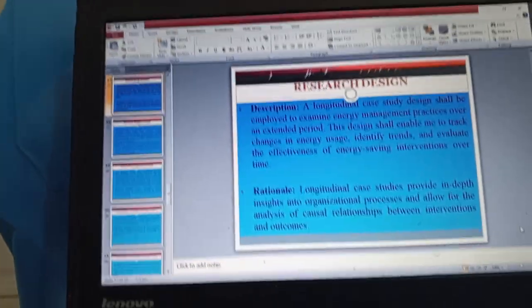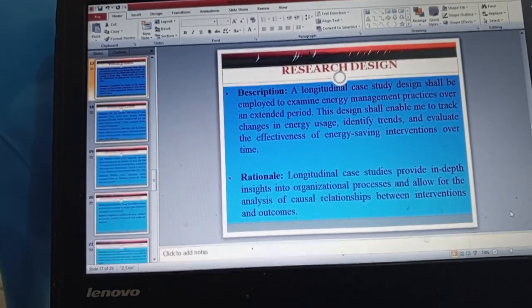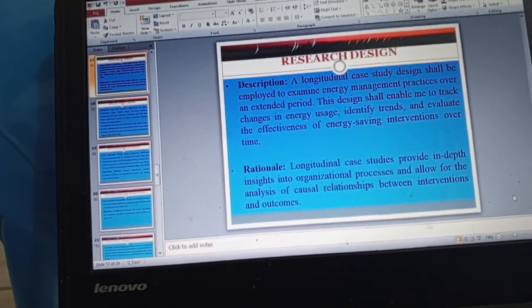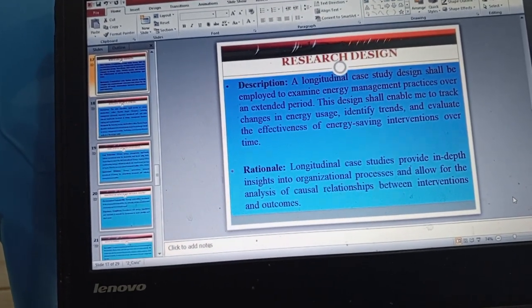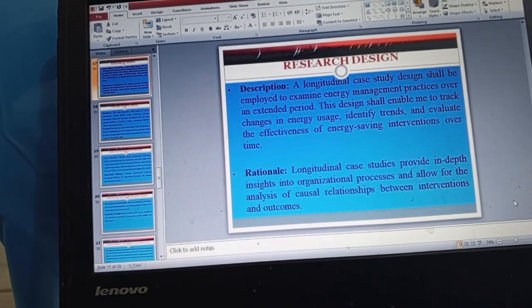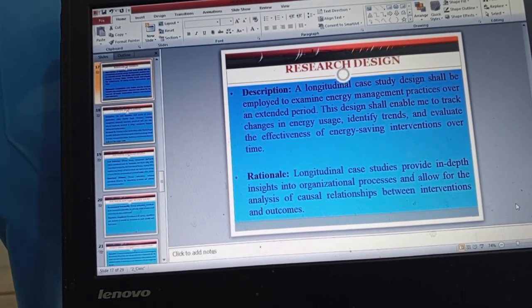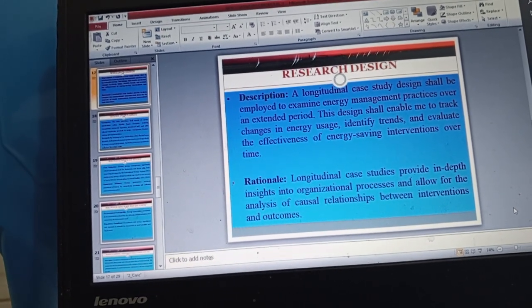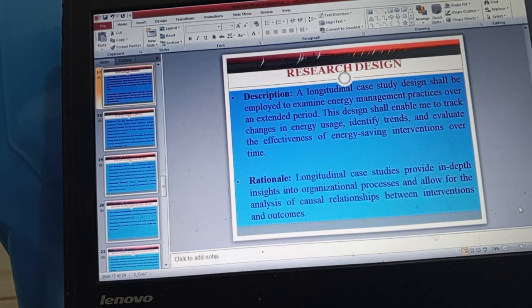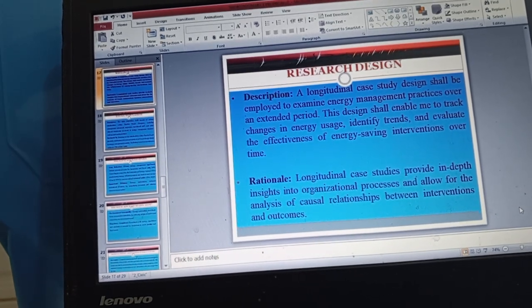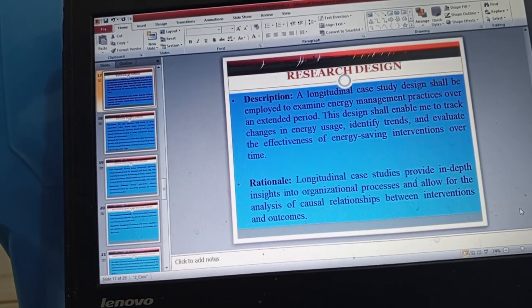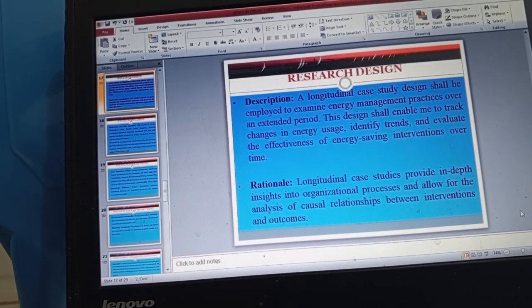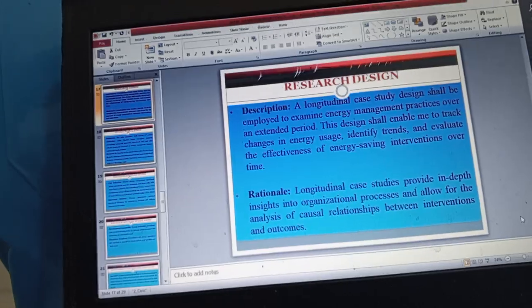Then for the research design, description: a longitudinal case study design shall be employed to examine energy management practices over an extended period. This design shall enable me to track changes in energy usage, identify trends, and evaluate the effectiveness of energy-saving interventions over time.